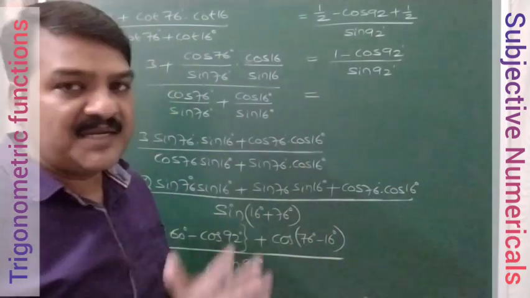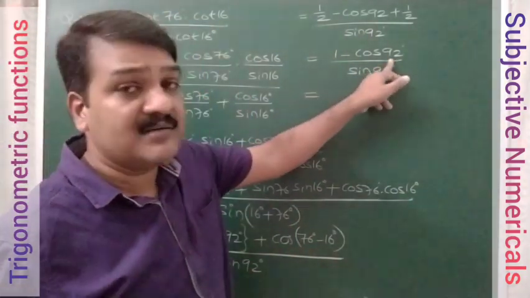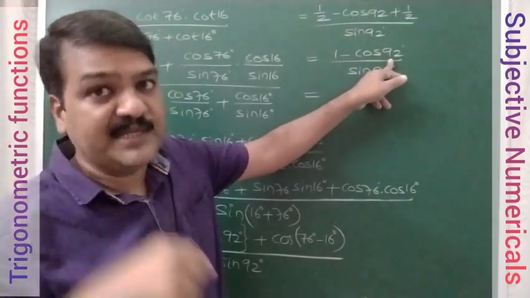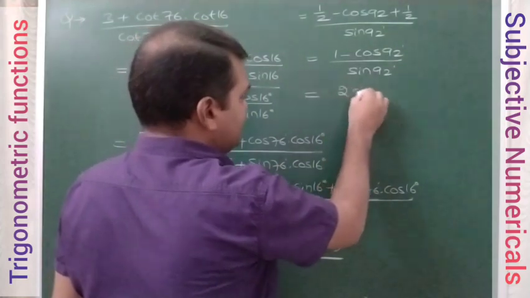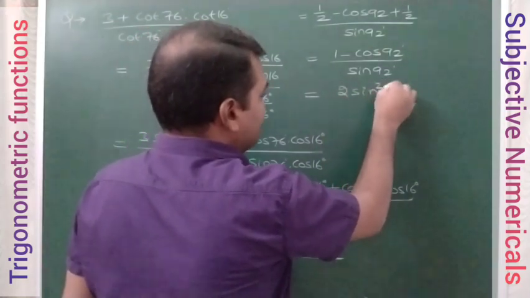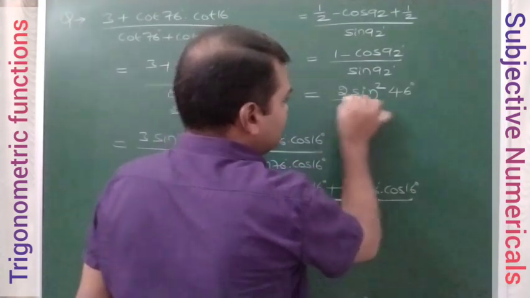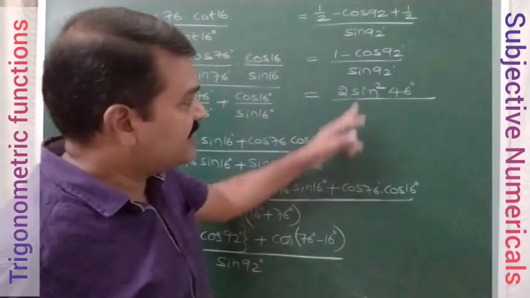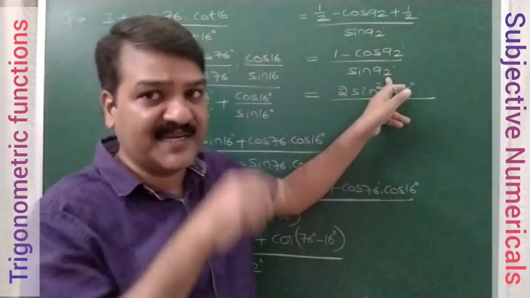Now standard multiple and submultiple formulas. 1 minus cos theta is 2 sin squared theta by 2. Okay. So numerator 1 minus cos theta is 2 sine square theta by 2. So 92 by 2. Denominator sine theta can be written as 2 sine theta by 2 cos theta by 2.